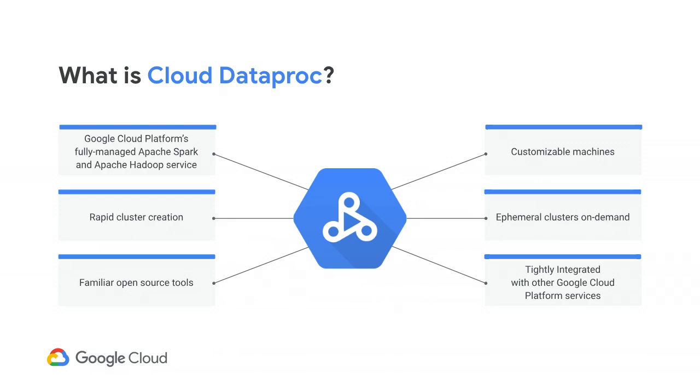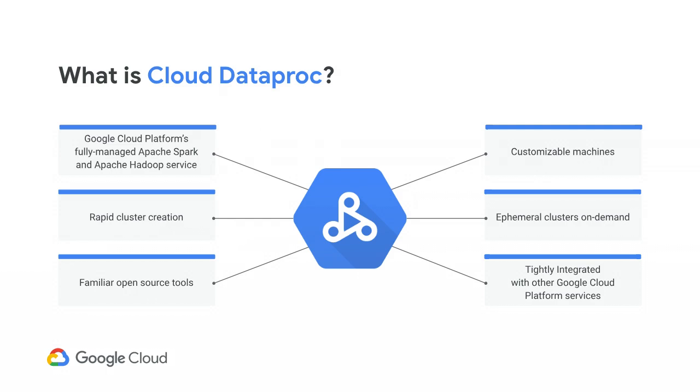And they're able to do this because we have a lot of tools and features that are specifically designed for supporting these kinds of architectures and ephemeral Hadoop and Spark clusters in general. And we give you a lot of tight integration back to the rest of Google Cloud. So we are not just giving you yet another cluster that you're going to have to go manage.